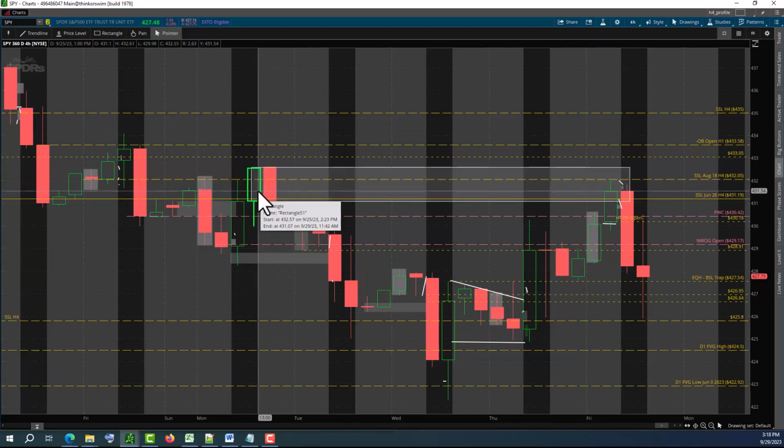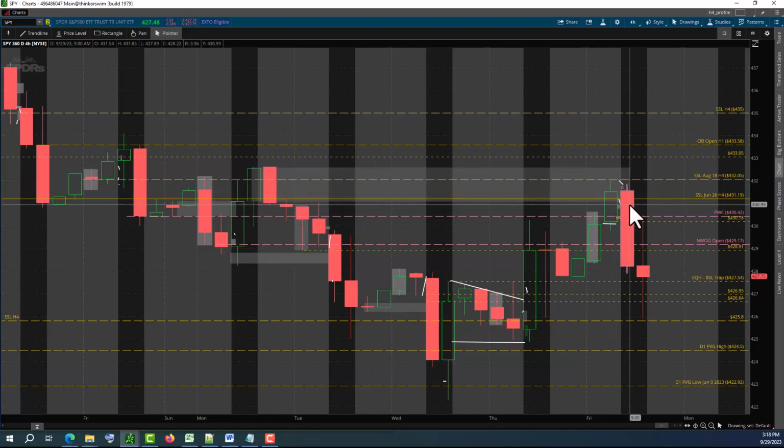You see this candle, the setup, the bearish order block in the PM section, and then the retest is in the pre-market, and then in the AM section right there.